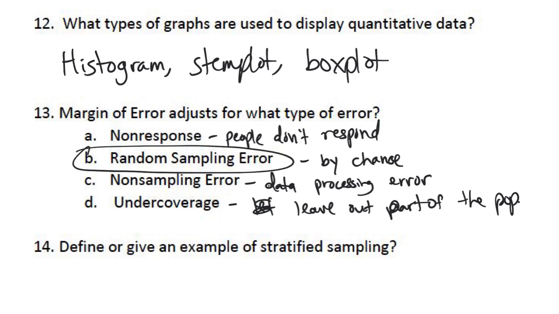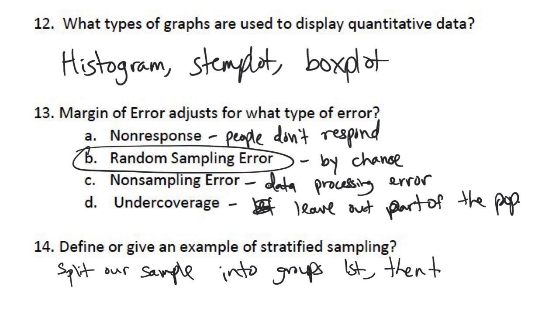Stratified sampling is where we split our sample into groups first, then take a random sample from there.